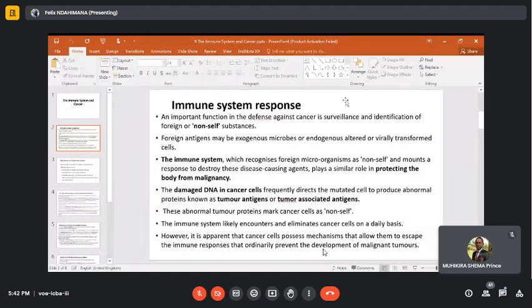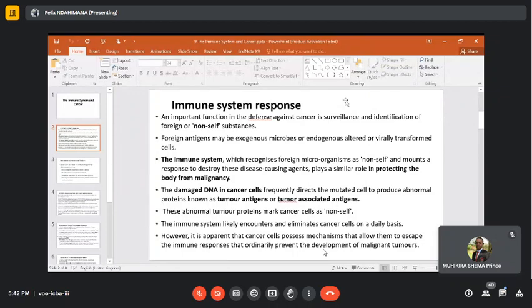The cancer cell has damaged, abnormal DNA, which frequently directs the mutated cell to produce abnormal protein known as tumor antigen or tumor-associated antigen.